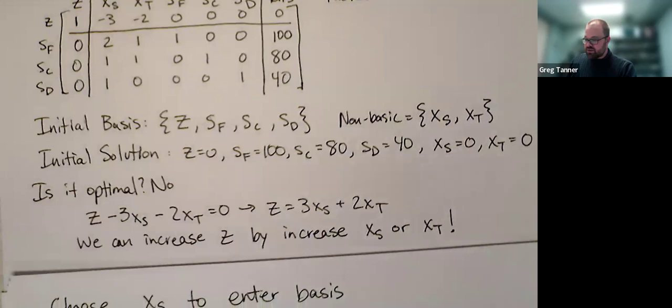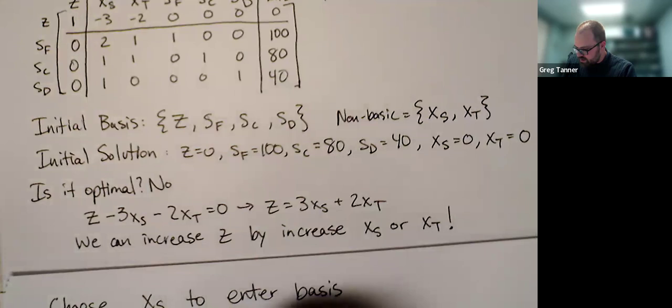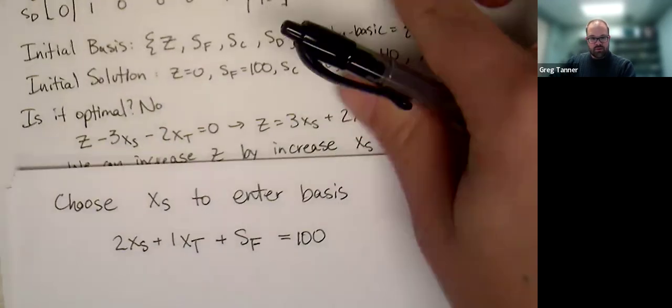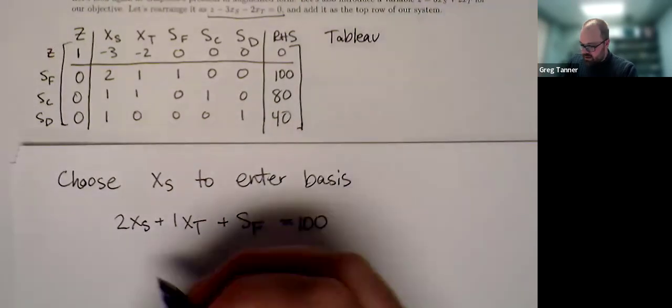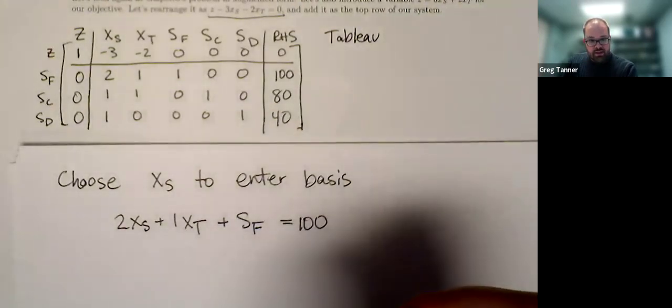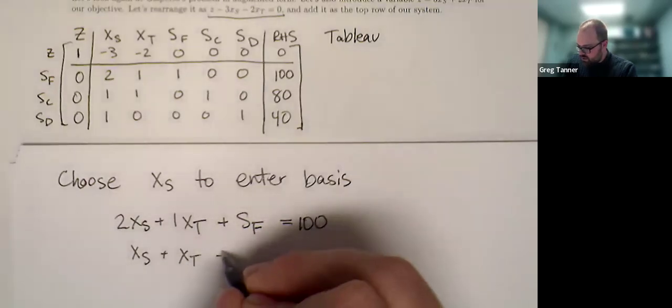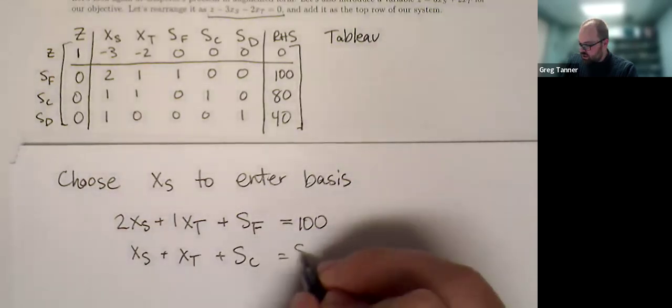So our first constraint up here is essentially saying 2xs plus 1xt plus sf equals 100. Okay, sorry, let me bring that up and I'll hide some of the work we had below. And our next constraint is xs plus xt plus sc equals 80.